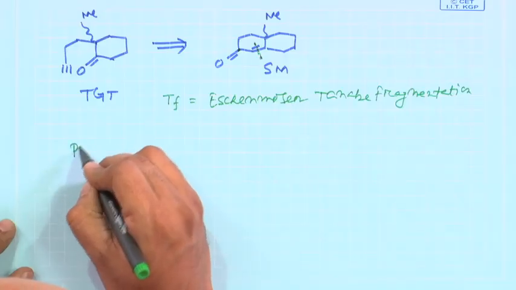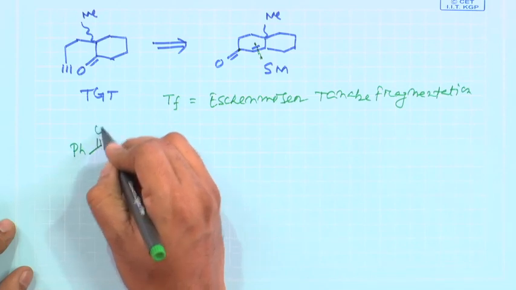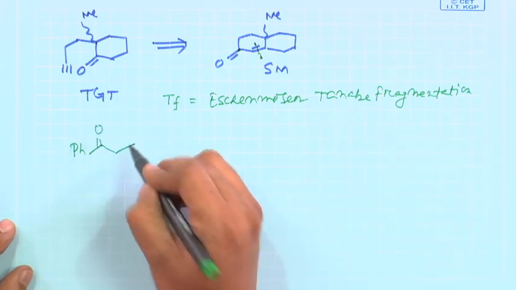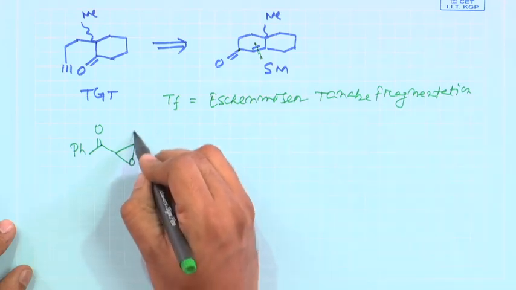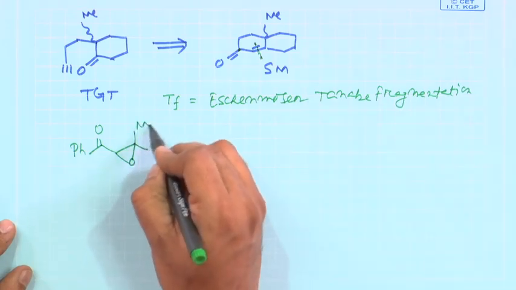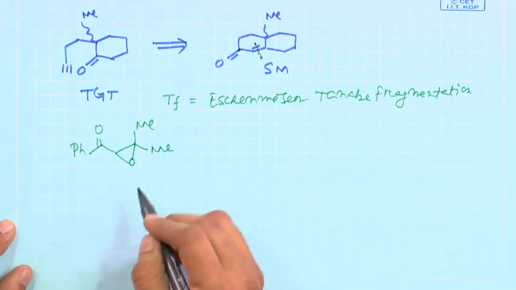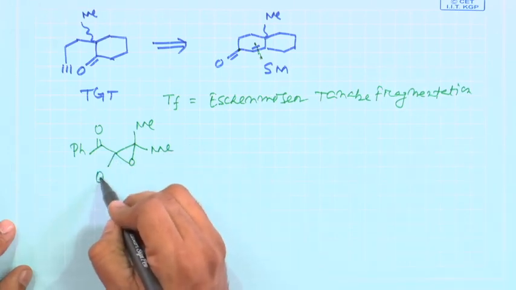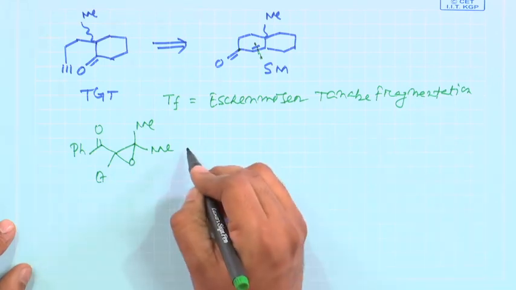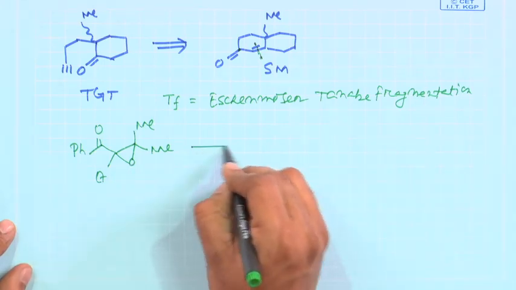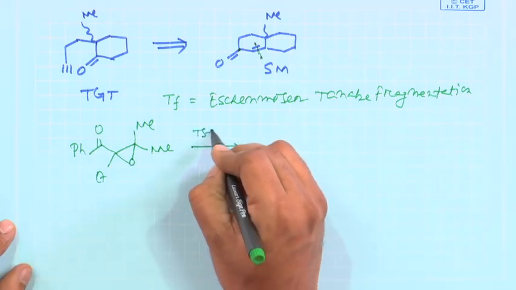Now, I will draw a structure to explain what exactly this reaction is. This reaction is basically fragmentation of epoxy tosyl hydrazone. I am taking an epoxide something like this, and then I am reacting with a tosyl hydrazine.